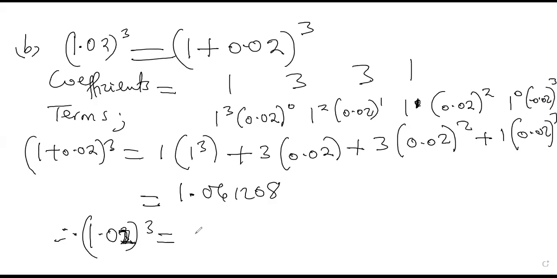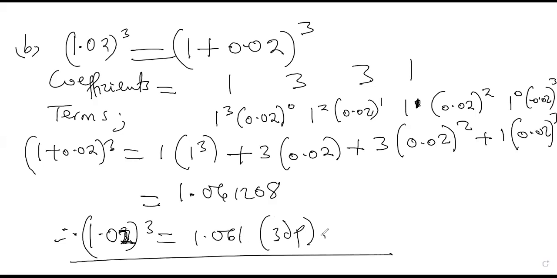It's going to be 1.061, since they needed 3 decimal places. As simple as that. So there are numbers which I want you to do for me related to what I've done, so that you prove your level of understanding of this concept.